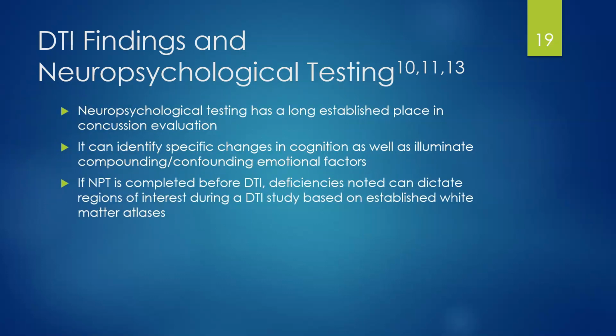If neuropsychological testing has been completed before DTI, any deficiencies that are found during that testing can really help a physician and the neuroradiologist create regions of interest, or really areas of the brain that we're going to look at very specifically, be it the corpus callosum, the fornix, the hypothalamus, the amygdala, any of those places.